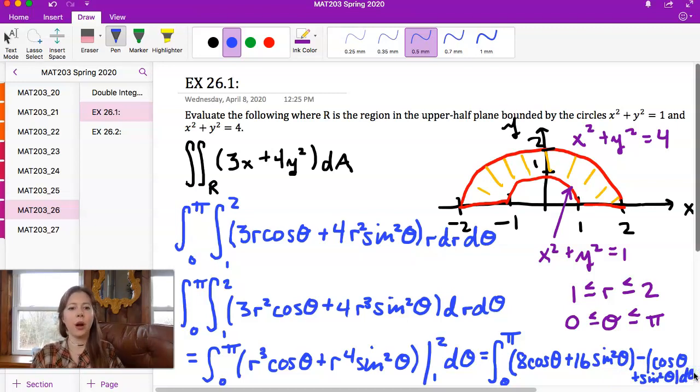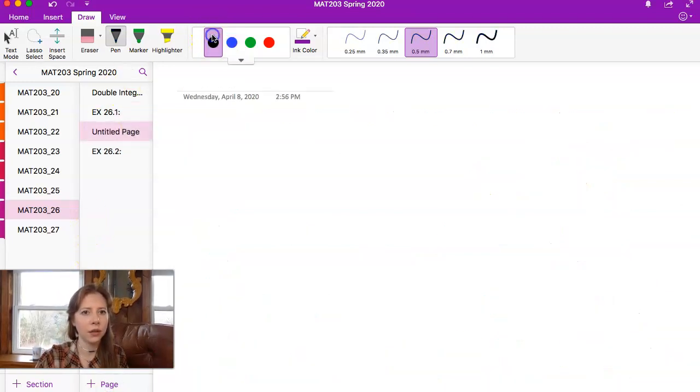Okay, so I'm going to keep going on another sheet. So this is still 26.1.